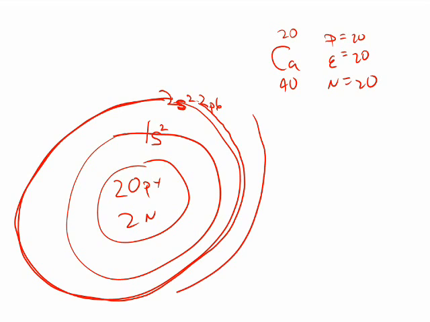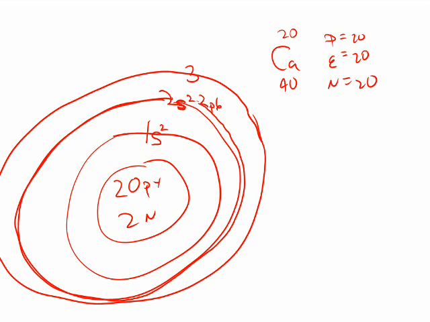So we have to go to the next energy level, which is 3. It has an s and a p and a d, which we'll look at in a second. So this has 2 electrons. Then we have a sublevel with a p orbital, a 3p6. Okay, so how many total electrons do we have? We have 10, 18.